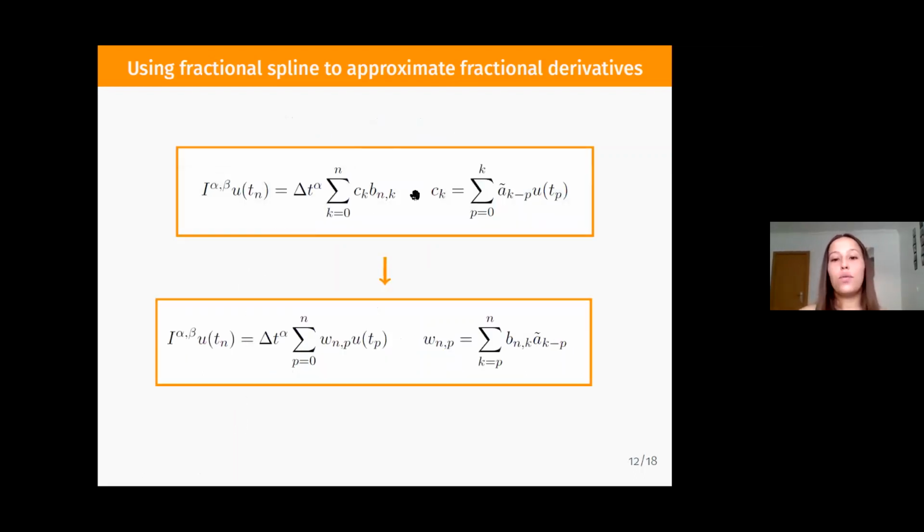Then we can have the spline integral approximation, as you can see here, and after rearranging the terms, we can write it like this in terms of the values of u.